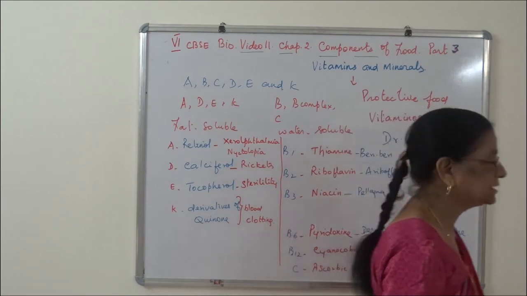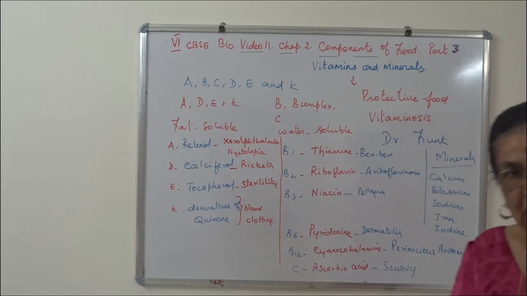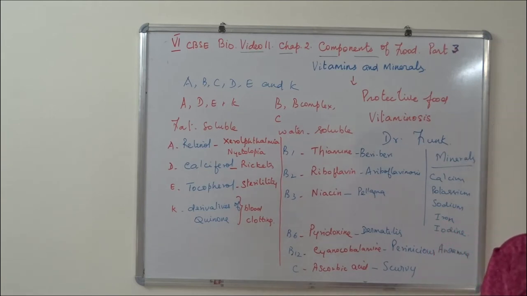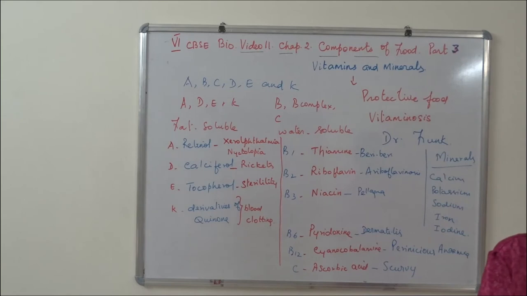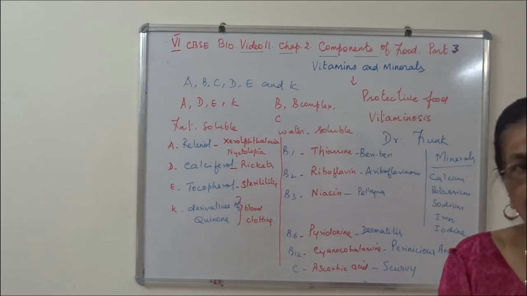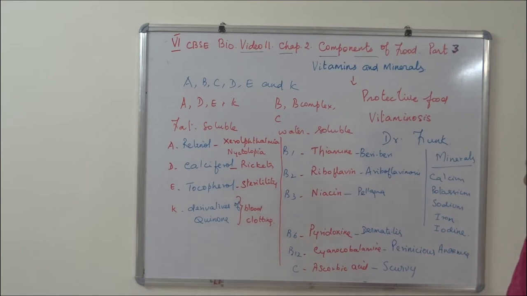Calcium, potassium and sodium are called macrominerals because they are required in more quantity, whereas iron and iodine are required in very minute quantity, but still they are essential as trace elements.